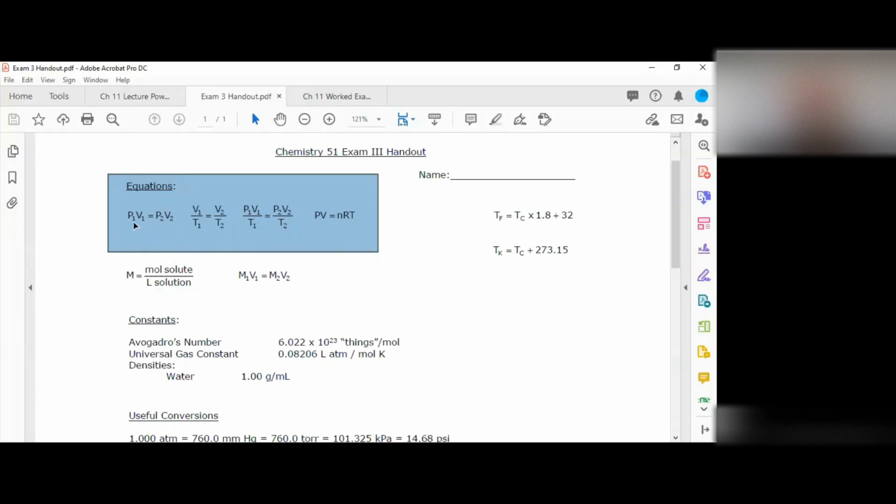So you cannot have one volume in milliliter and the other volume in liter. You cannot have one pressure in atmosphere and the other in torr or PSI. You have to unify, and it doesn't matter which one you convert to which, as long as you unify the units. Just keep that in mind.